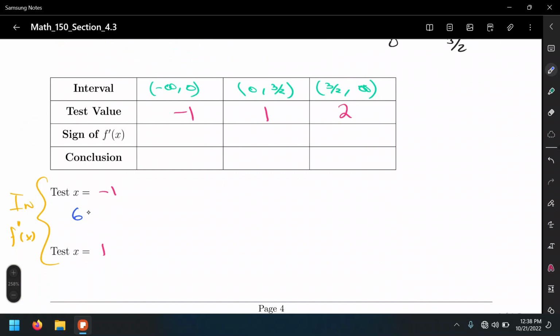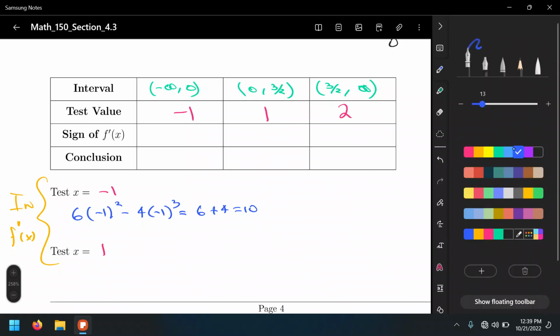At -1, -1 squared is +1 times 6, that's +6. And be careful here, because -1 cubed is -1, and -1 times -4 is +4, which is 10 in the end.